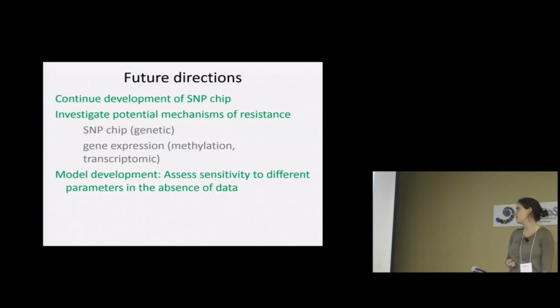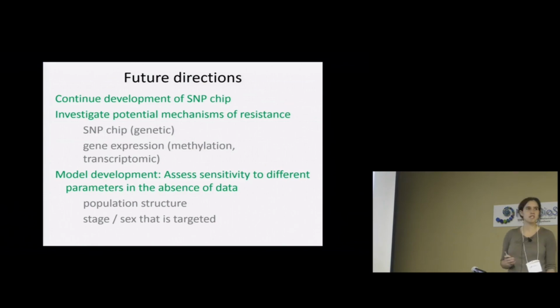And then in terms of model development, in the absence of the data to really parameterize the model well, I think there's still a lot of questions we can explore. So we can look at how the immigration and emigration rates affect the evolution of resistance, and depending on what stage or sex we target with the treatments, how that affects how fast resistance evolves. And then we can also look at effects of temperature.